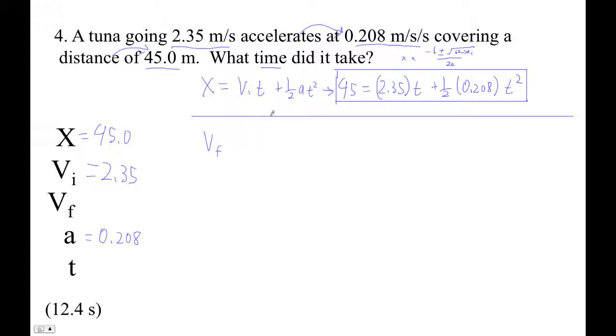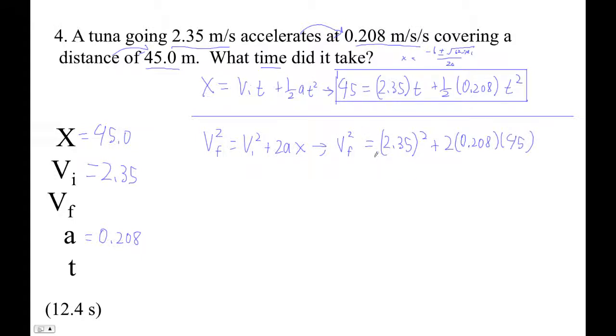Now if you've got a solver and you can just grab that out, or you want to graph it, I'm going to do it this way. VF squared is VI squared plus 2AX. Right, so we don't know what VF is. VF squared is equal to 2.35 squared plus 2 times 0.208 times 45.